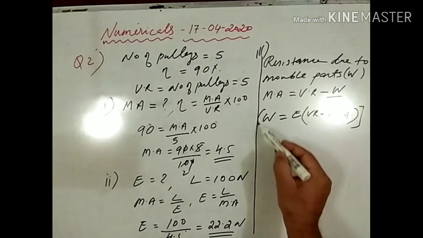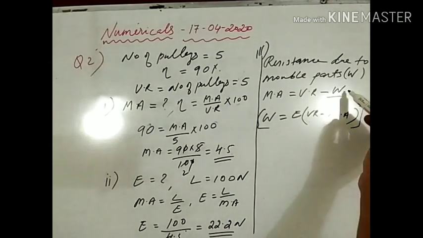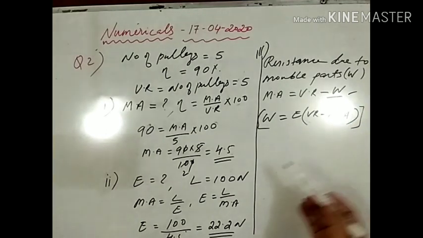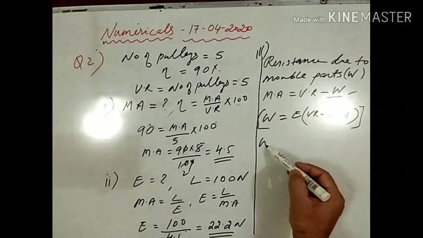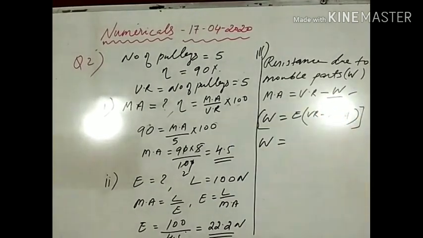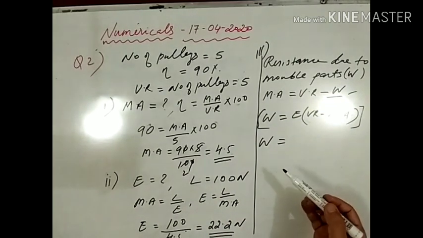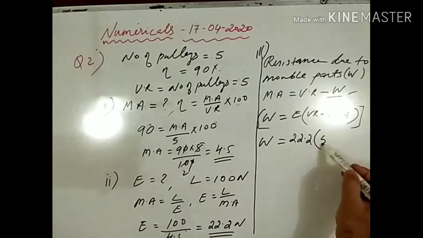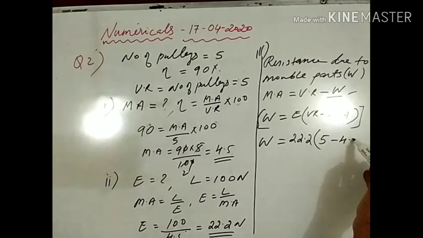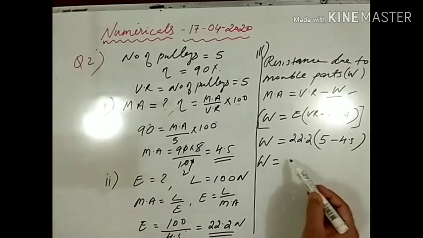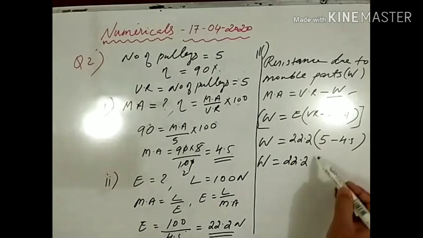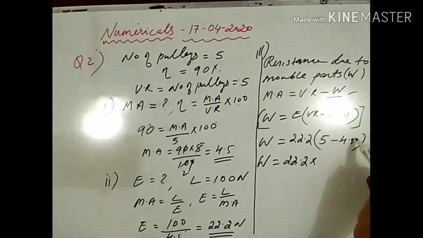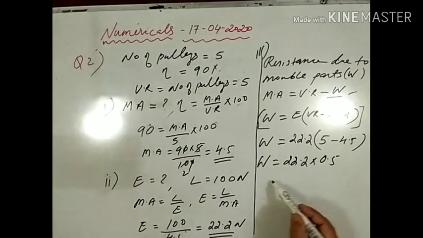All right. Now, put the value. We adjust the formula here from the given standard formula. W is equal to, that is resistance due to movable parts, E. What is the E? We got it, effort 22.2, velocity ratio 5 minus 4.5. Therefore, W is equal to 22.2 into 5 minus 4.5, how much? 0.5.